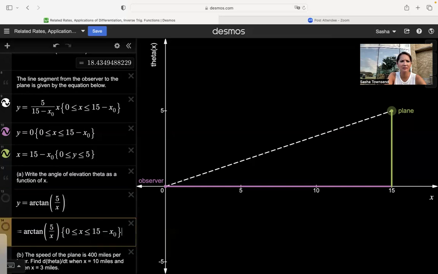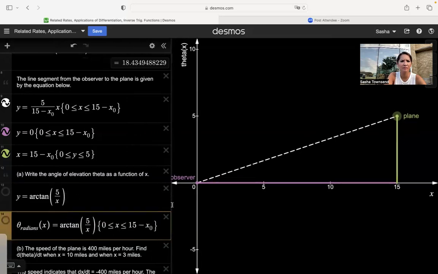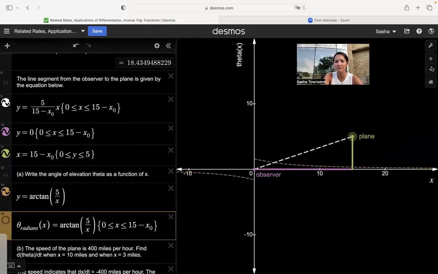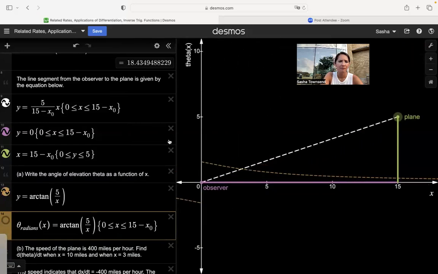I used arctangent. The graph looks like this. That's y equals the arctangent of x in general. It's that orange dotted line. But the function that we're actually interested in is only defined on a particular domain. We want x to start at 0 and end at this value of x over here.